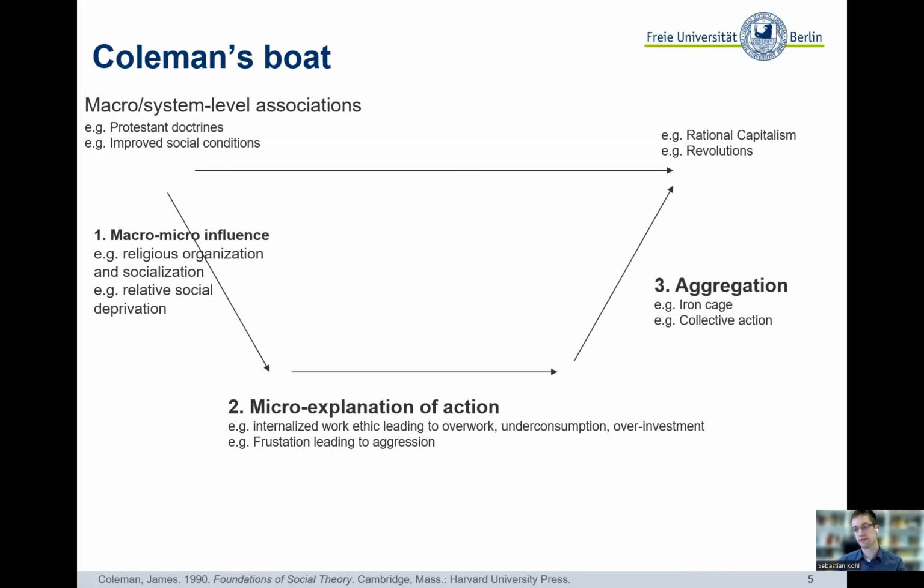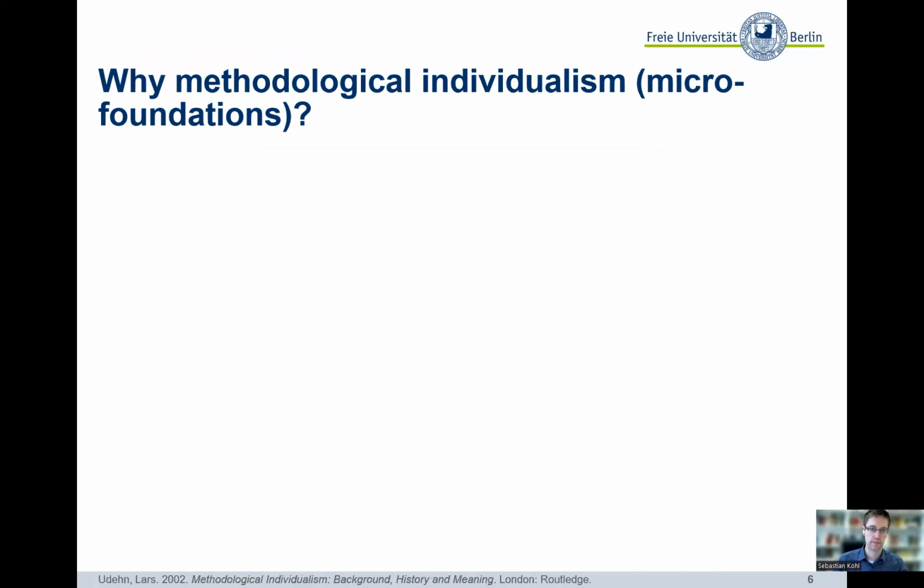This is just the individual level, and the aggregation function in this case would be collective action, protests, and eventually the revolution. And this is a second case for a successful micro-foundation of a macro-level association. And this is something like one of the stock models also for opposing a pure macro sociology.